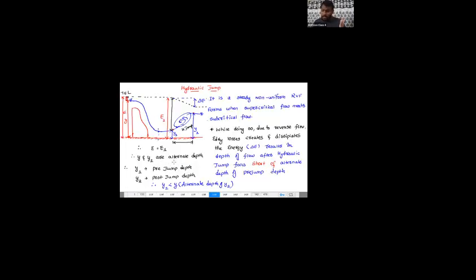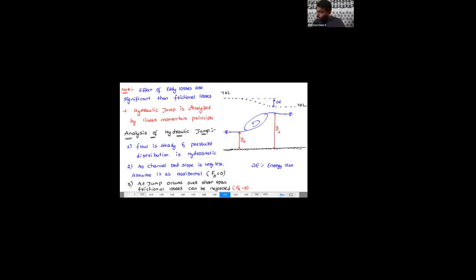Yes or no? Now, Y1 is the pre-jump depth, Y2 is the post-jump depth, so we can say that Y1 and Y2 are conjugate or sequent depths.